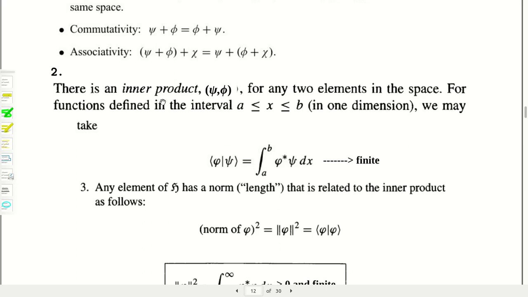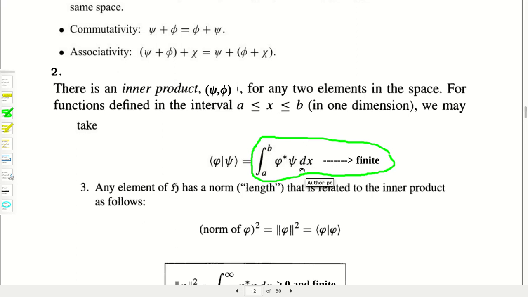The property of the Hilbert space is that this integral is finite. Forget about this symbol on the left hand side, just focus on this integral. You have two functions psi and phi, and x is the variable on which the functions depend, and you are going to perform an integral from a to b, where a and b are the limits of the region on x.